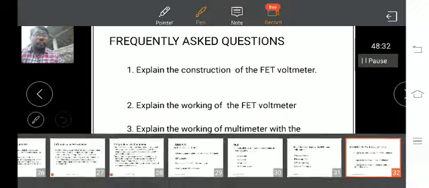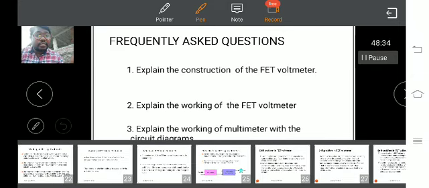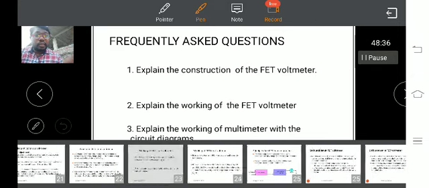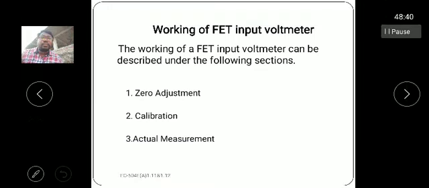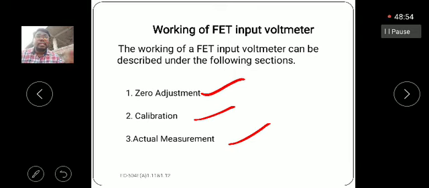We have already discussed the working of the FET input voltmeter in three sections. You have to draw the circuit, then discuss the working condition. That means in the working part, you have to discuss zero adjustment, calibration, and actual measurement.